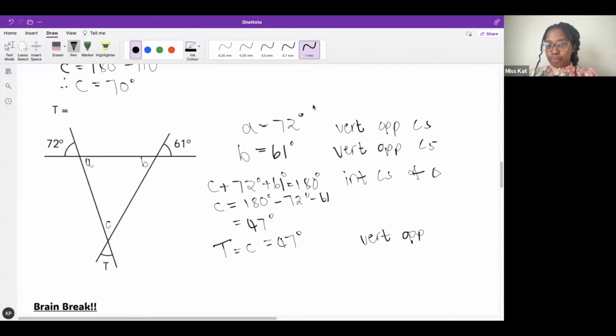I meant like when I'm calculating, since C has no number, we just say C plus 72 plus 61, and that obviously gives us 180. And then we put 180 first, and we transpose the plus into a minus for the rest, and then we get 47. Yes.